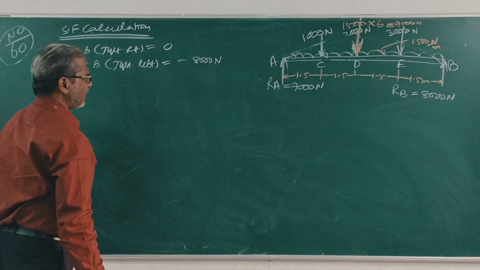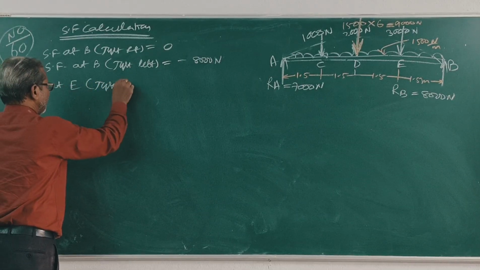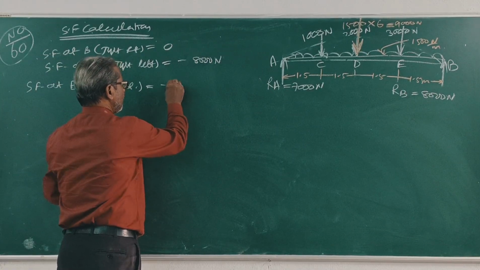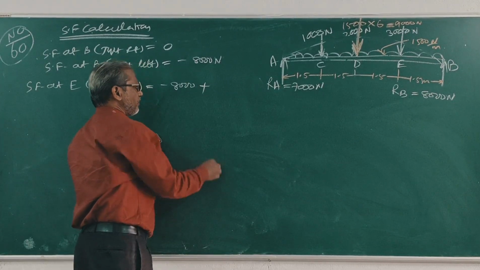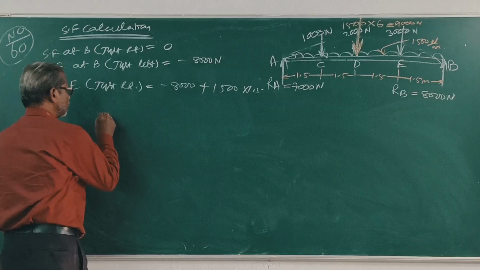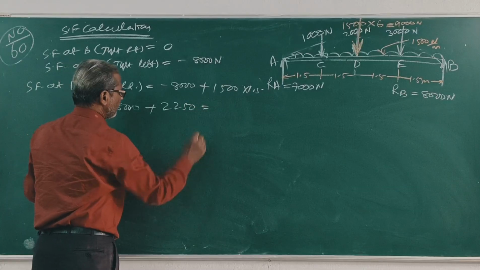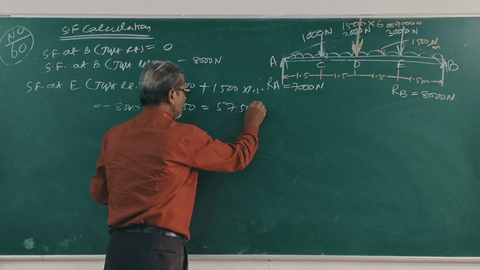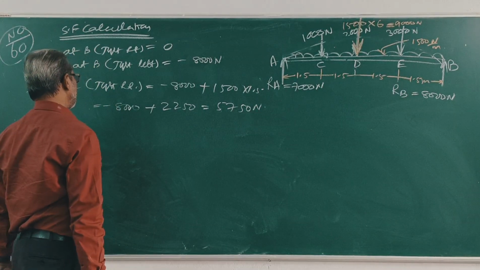E left, E right. Shear force at E just right is minus 8,000 plus 1,500 into 1.5, which is minus 8,000 plus 2250, equal to minus 5750 Newton. This is the shear force at E just right.